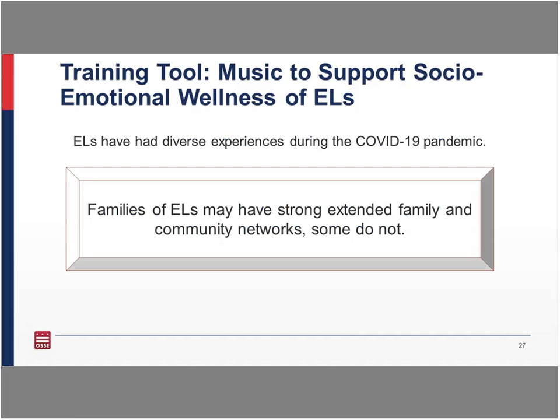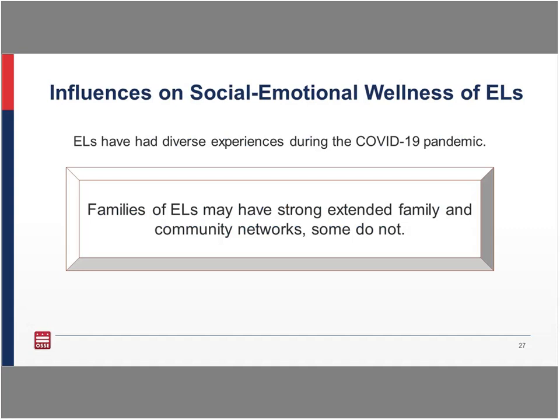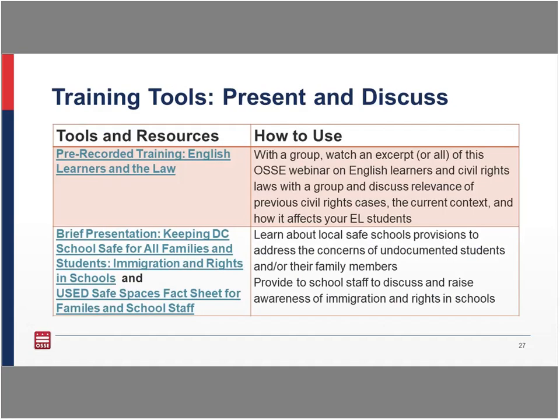So we'll look at some more influences on the social emotional well-being of English learners. We've already talked about how they've had diverse experiences during the pandemic with the families of our students. Some may have strong extended family networks and community networks, and others may not.